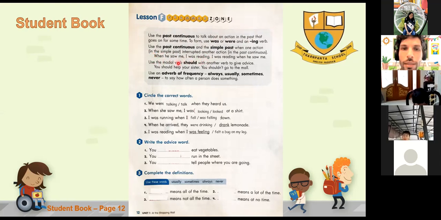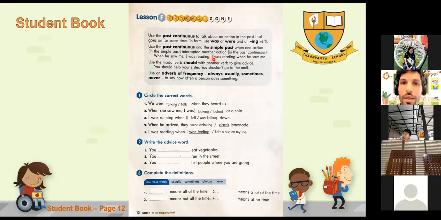The first part of the sentence used simple past, and the second part of the sentence used past continuous. Was plus verb plus ing. Another way of saying this is I was reading when he saw me. In this case, we just changed the order of the sentence, but the meaning is still the same.